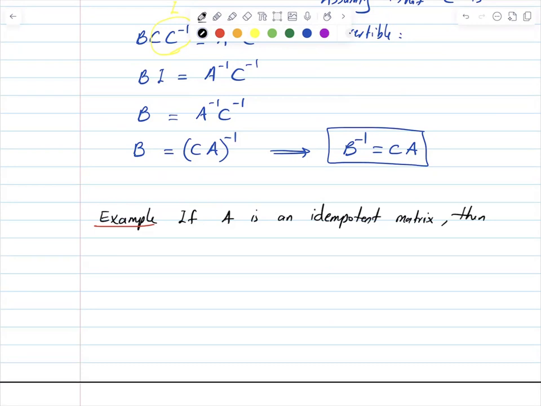This is a bold statement, am I right? Then A is singular or A is nothing but the identity matrix.